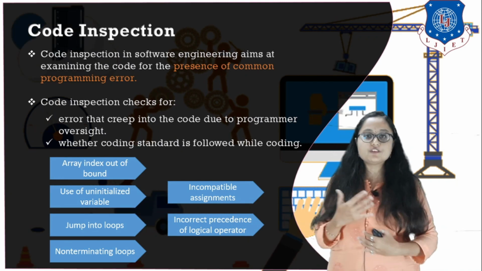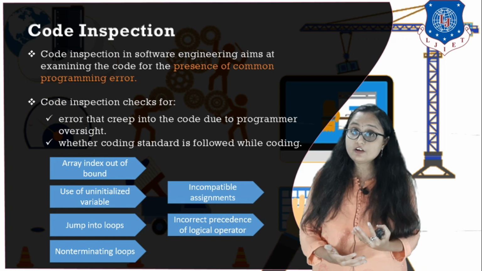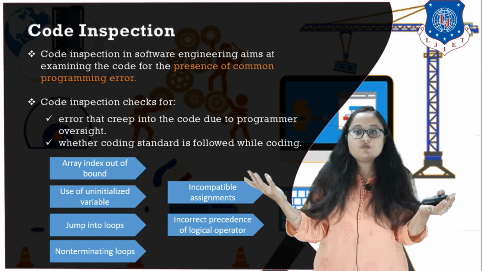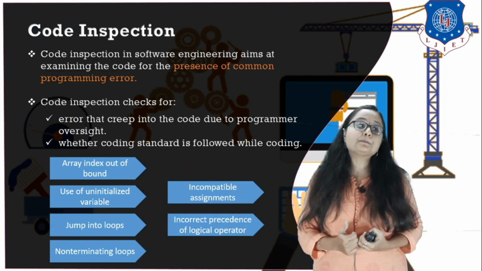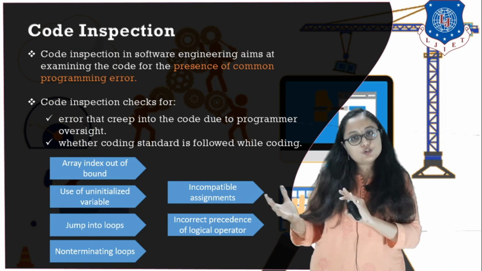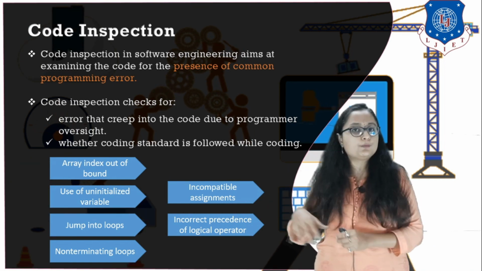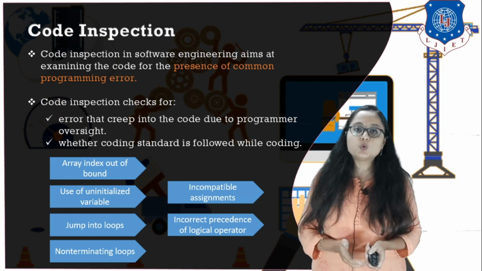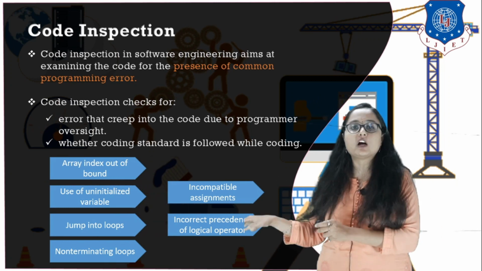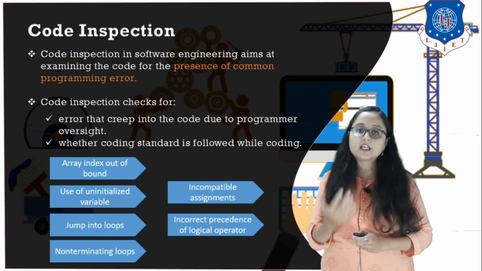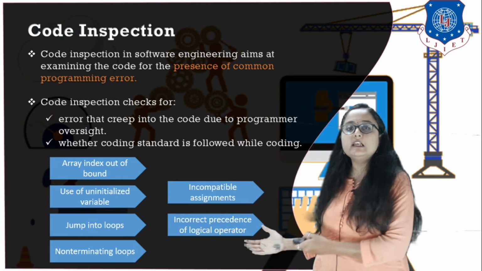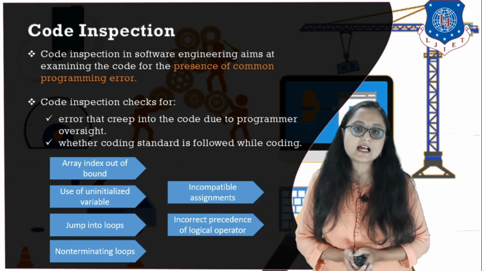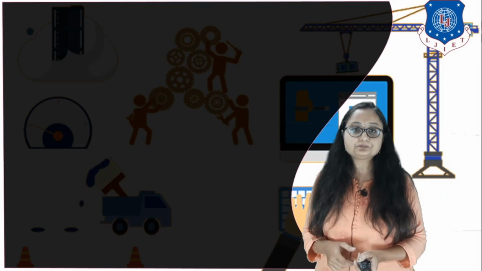Now many times if you are formulating a formula, you might miss this sort of operator precedence and it might be overlooked by most of the programmers. So these are the common errors which we need to inspect in a programmer's code. So code inspection again is a technique in which these commonly occurring errors by the programmers are actually checked, right?